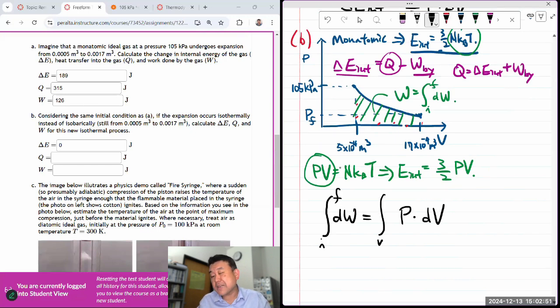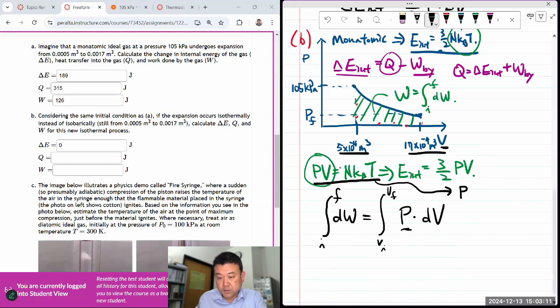From the initial volume to the final volume, which I conveniently have. So I'll just keep everything that way. Now, I do need a pressure as a function of volume so that I can actually do the integral. For that, I'm going to use the ideal gas law. I can solve this for pressure.